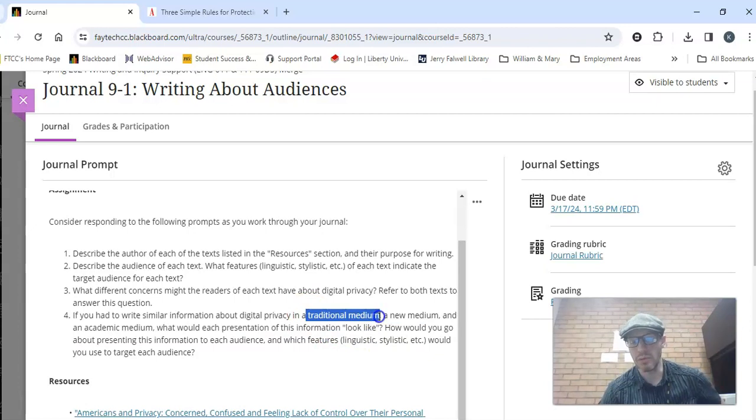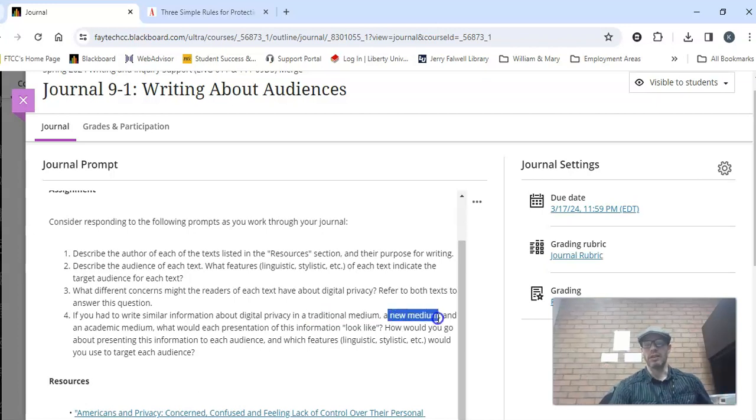A traditional media, because it's plural, it's media if there's more than one, include things like newspapers, magazines, television, radio programs, and nowadays, since the internet has been in people's homes for long enough, blogs and websites could even be traditional media now.